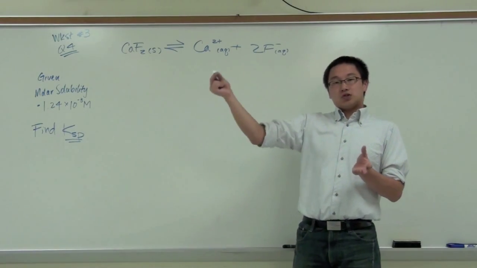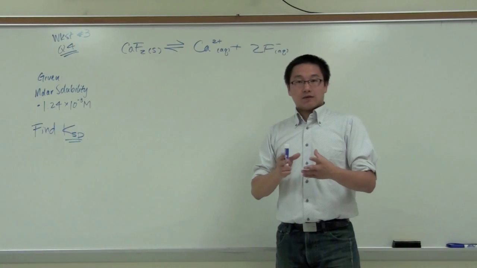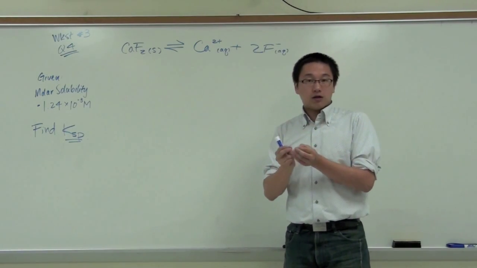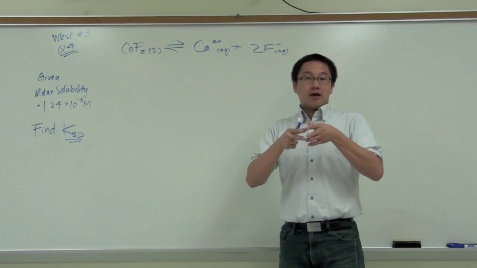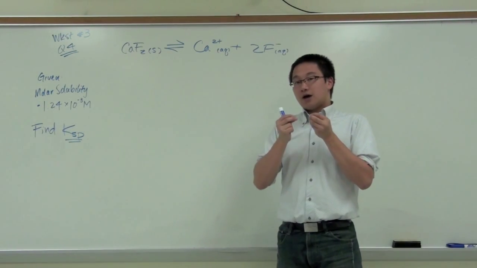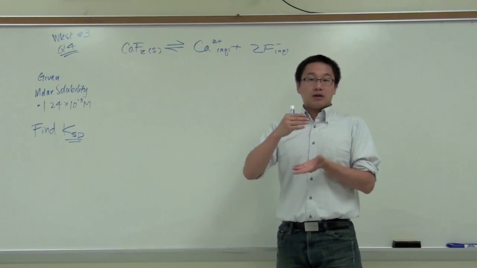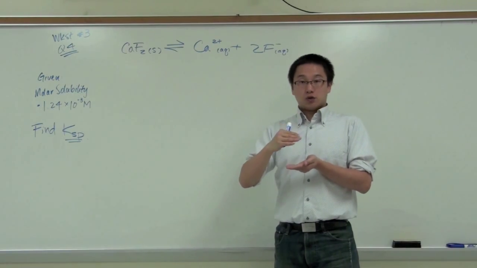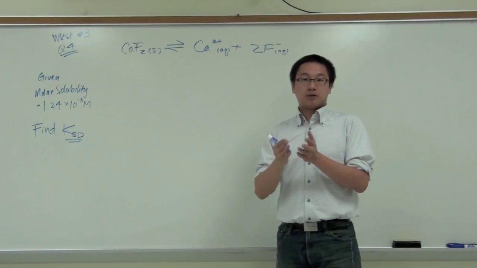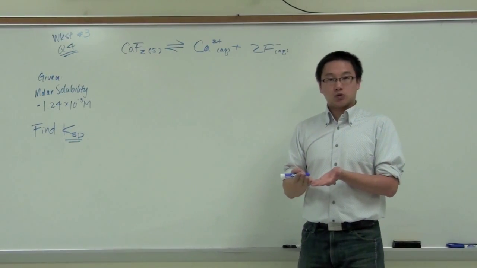But when we put the solid into the water, the solid will dissolve a little bit, and then there is a certain amount of the ions that could exist in the solution, and when it hits the maximum amount of the solute being possibly contained in the solution, it becomes a saturated solution.